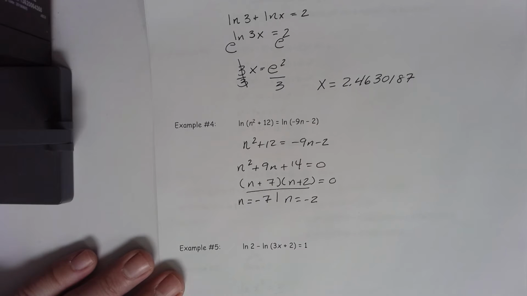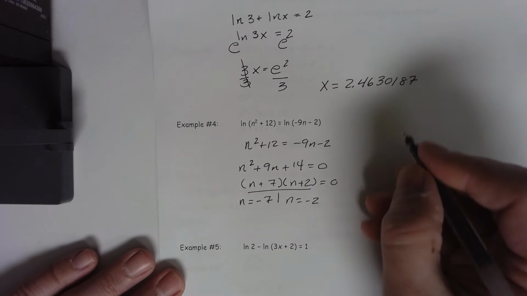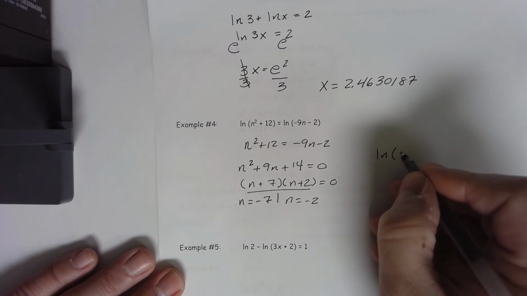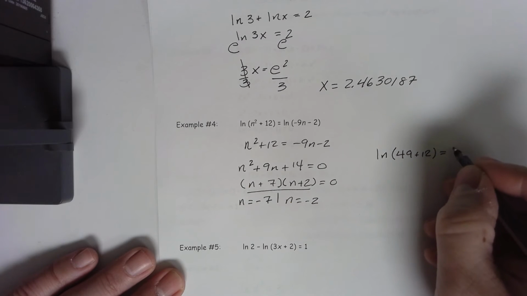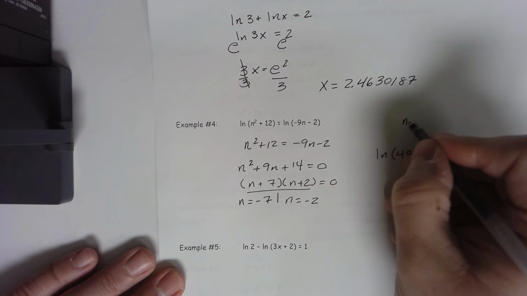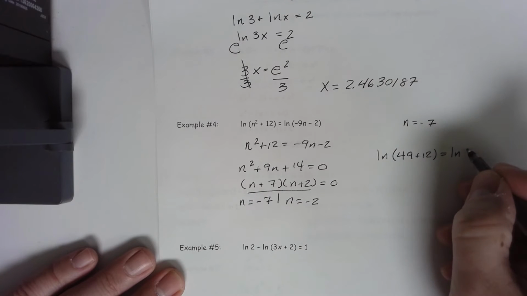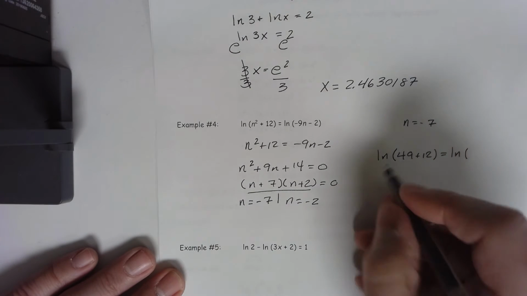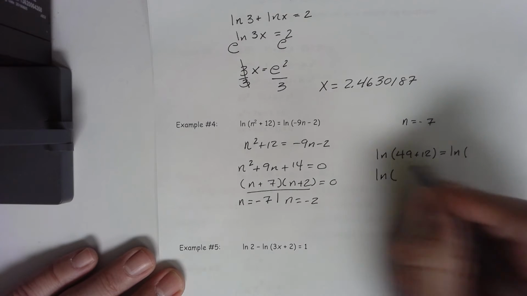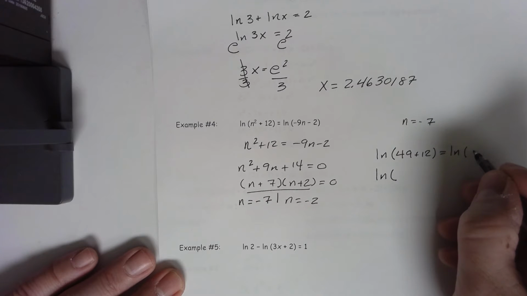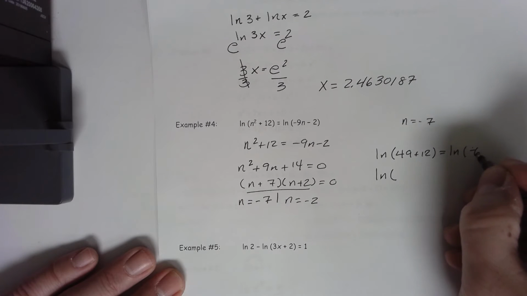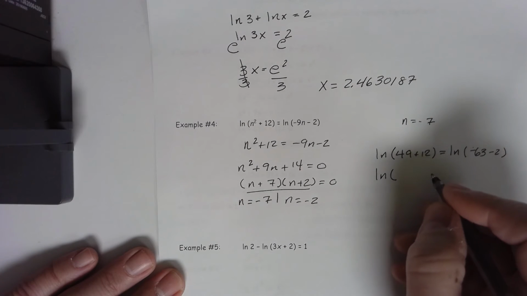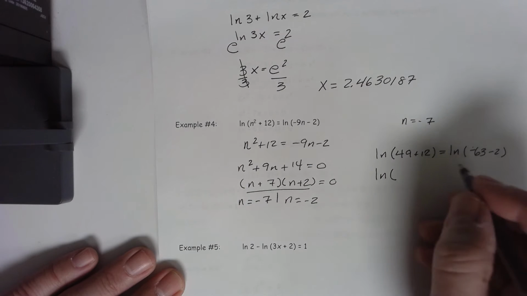Now, what you need to do here is plug back in to make sure it works. You would plug in here the ln of 49 plus 12 is equal to the ln of, this is for n equals negative 7, negative 9 times negative 7 is going to be positive 63, minus 2.